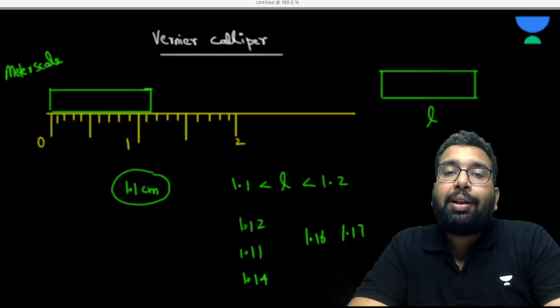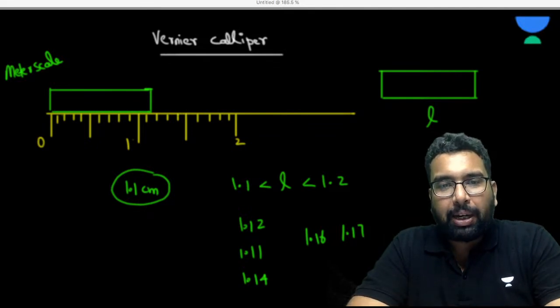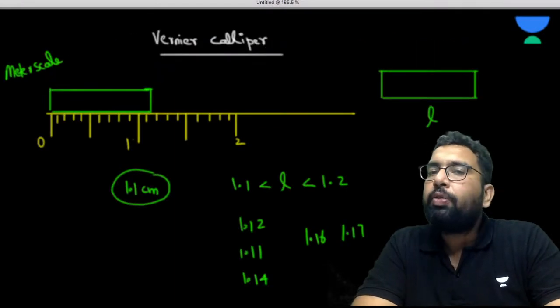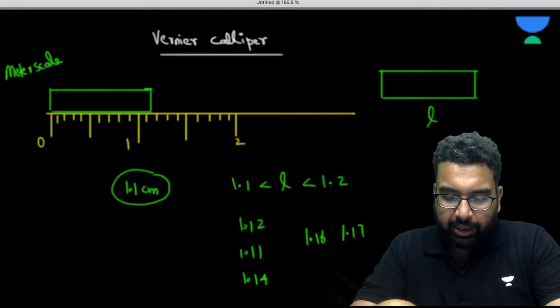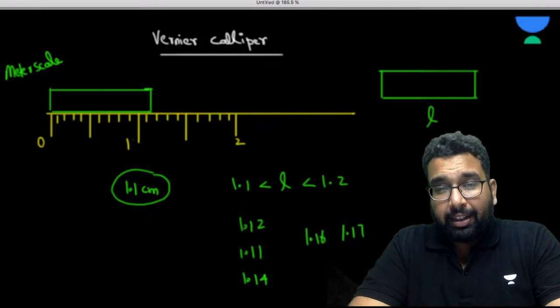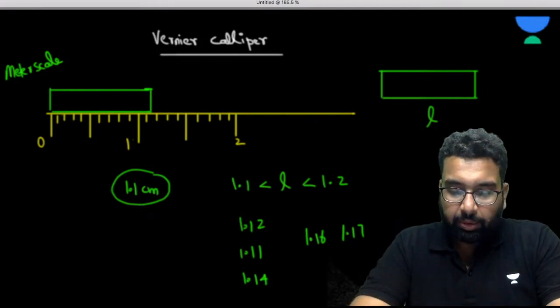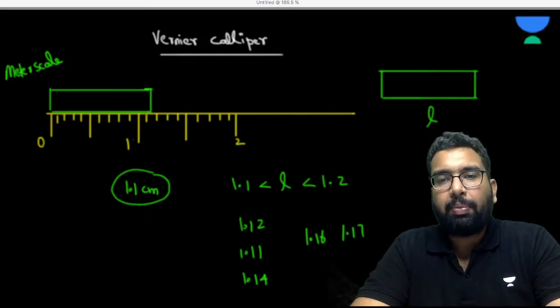From 1.1 to 1.2 there can be many possibilities. You can be sure that it is more than 1.1, you can be sure it is less than 1.2, but you cannot be assured whether it is 1.12, 14, 15, 16, or whatever. So you can't be sure of that, right? Are you getting my point?